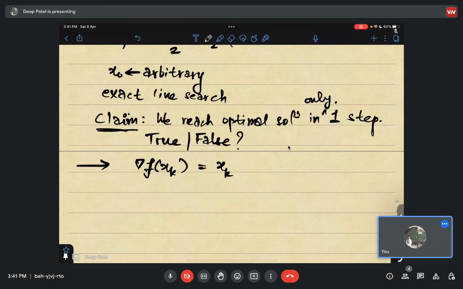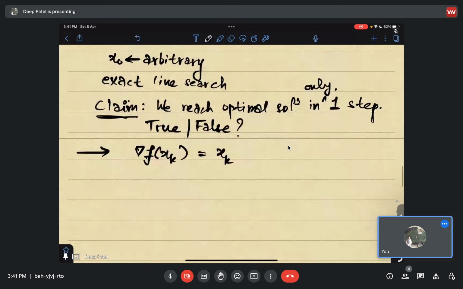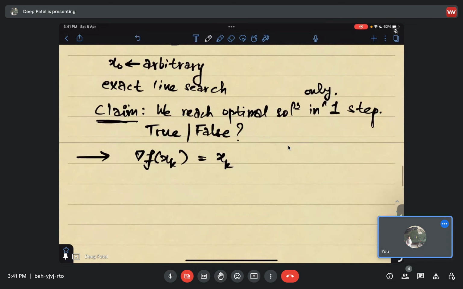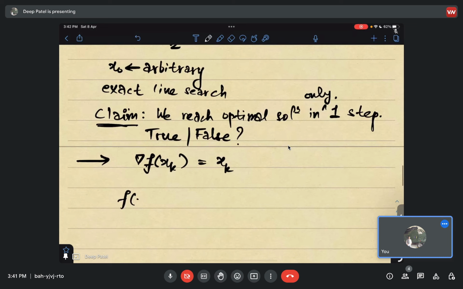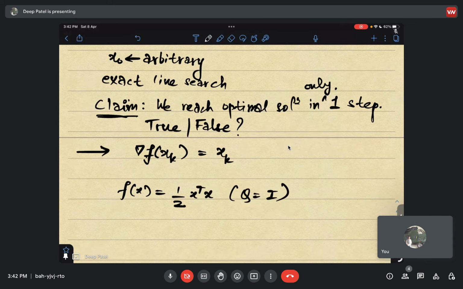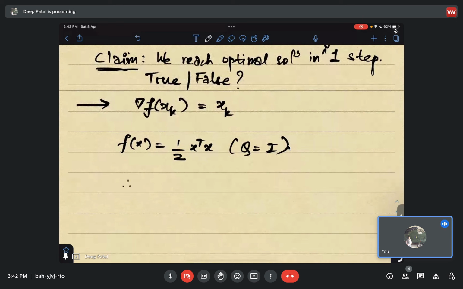Okay, so let me do one more thing. Let me write this: f(x) is half of x transpose x. So Q is identity here, right? So what can I do? Consider f of x minus alpha times the gradient.